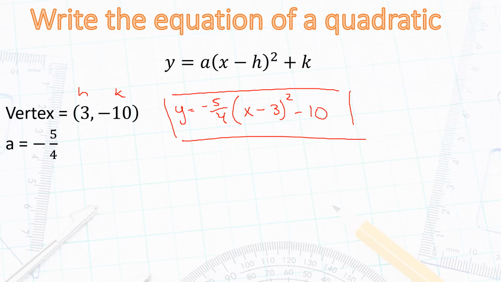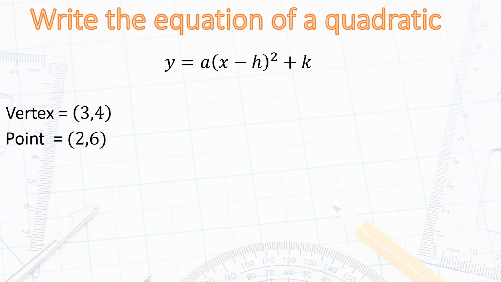Very straightforward. Now this is the part where it starts to get a little different. So what we're going to do is, if we're given the vertex and a point, we're given the h and the k value, and we don't know the a, and the a is the important one because that determines the shape. But what we are given is another point on this curve. So it's like we've got our axes, 3, 4 is the vertex, 2, 6.